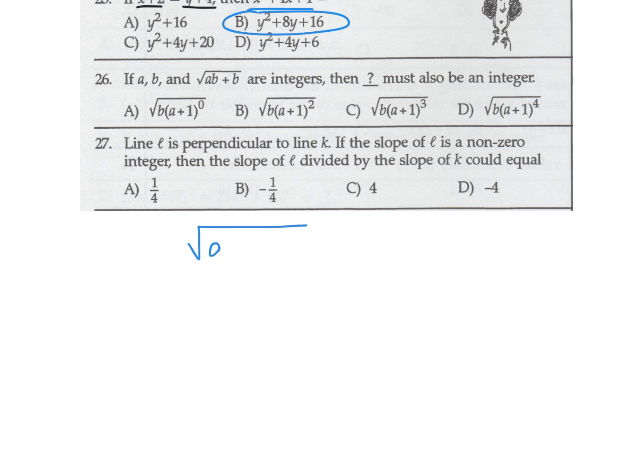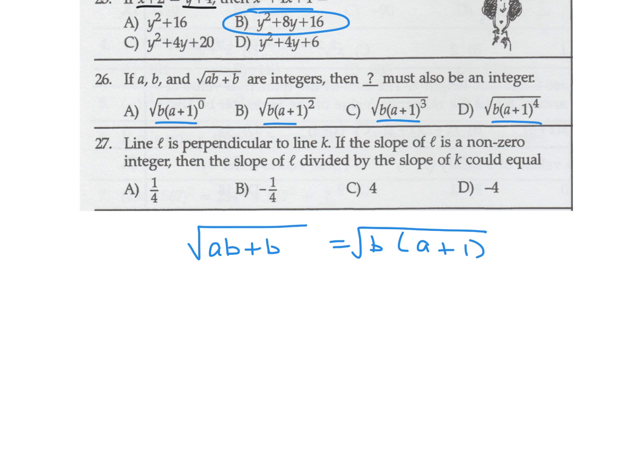They're saying this is an integer. So that means if I factor out the b, I have a plus 1, correct? Yeah. And that is what all the answer choices kind of look like. There's a b and then there's an a plus 1. Okay. I think I have an idea of how to do this.